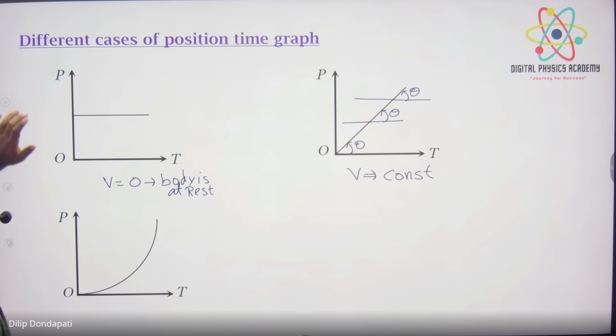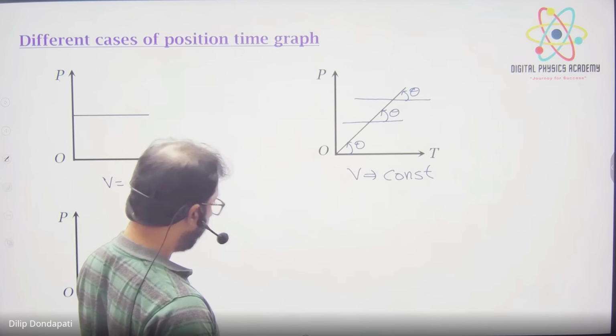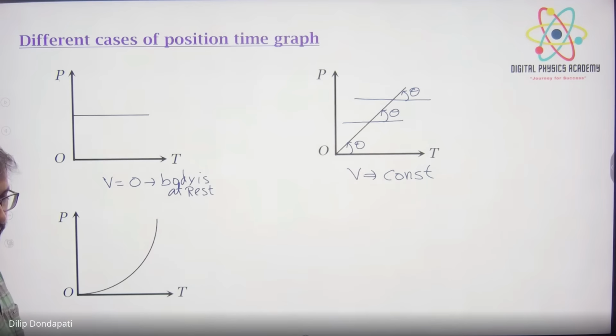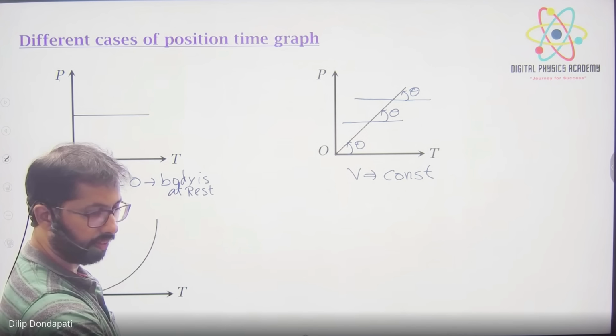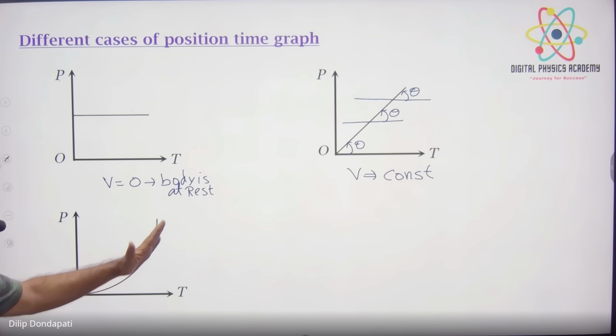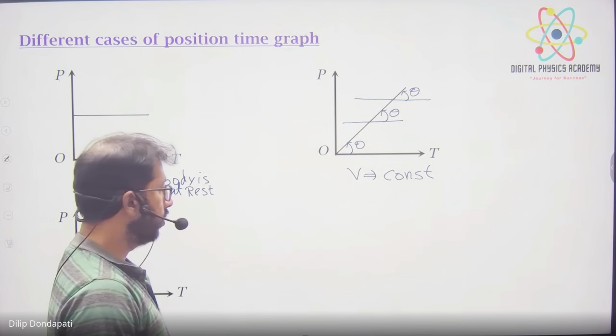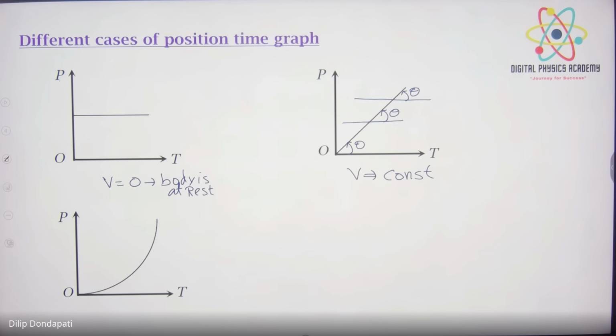Next. Now think and tell me, comment on velocity and comment on acceleration also. This is a graph; I see an exponentially increasing graph given. How to find it?